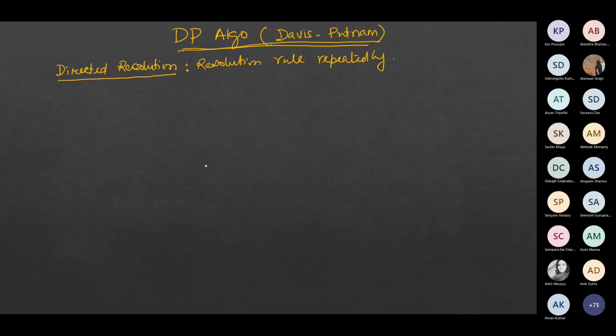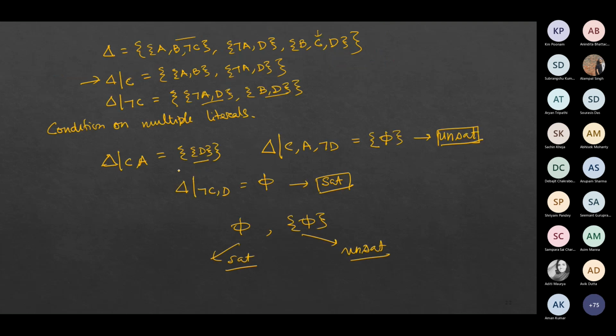And to impose a structure in our method, what do we do? If you go back to the earlier example, we are deriving different P resolvents. Here we have first derived the C resolvent, and on that, we have tried to derive, say, the A resolvent. And then finally, we have worked on the D resolvent.